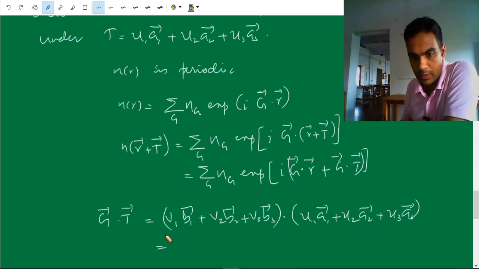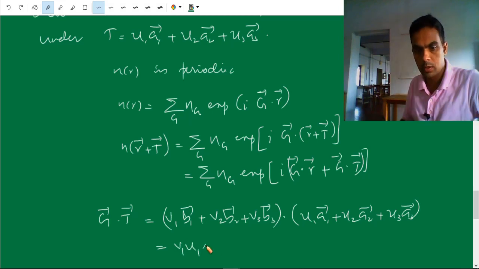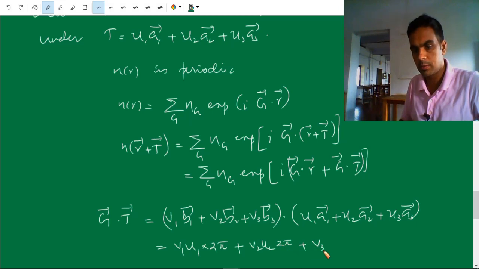Therefore, we can write this as v1 u1 into 2 pi plus v2 u2 into 2 pi plus v3 u3 into 2 pi.